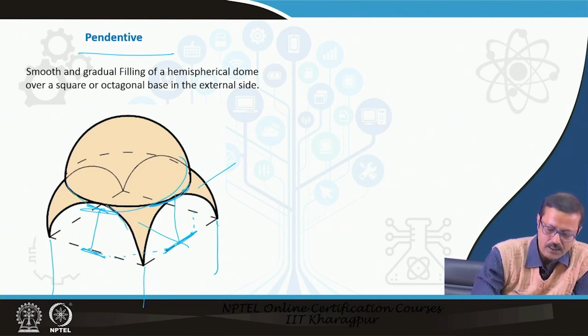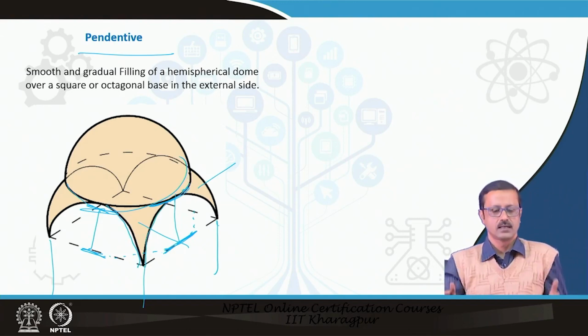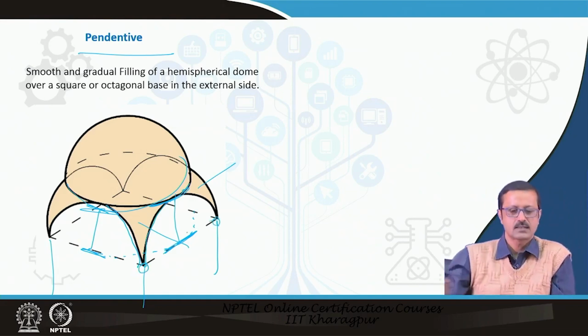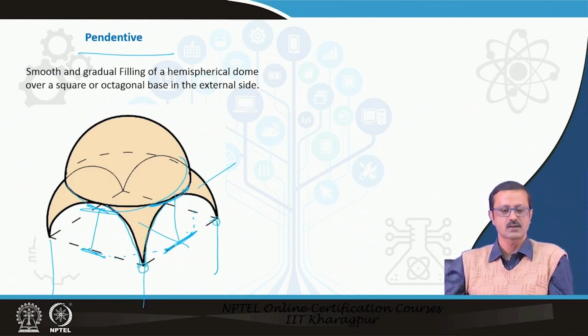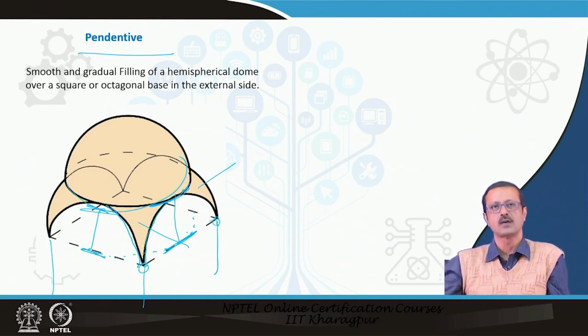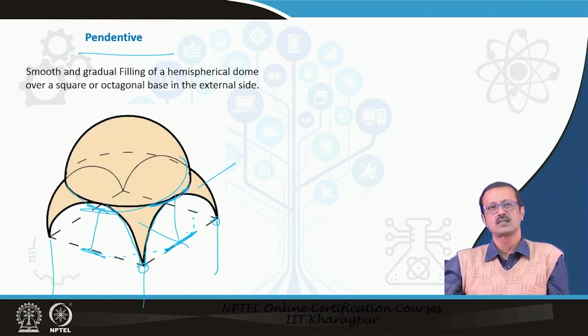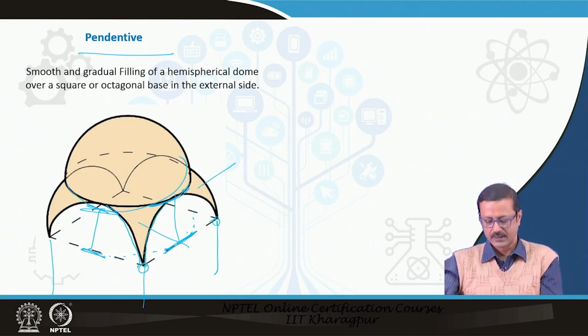Gradually it is smoothened and filled to come down to these corner points also. This type of arrangement is called the pendentive, which if you have noticed in some domes in churches or some halls, you definitely see pendentives.